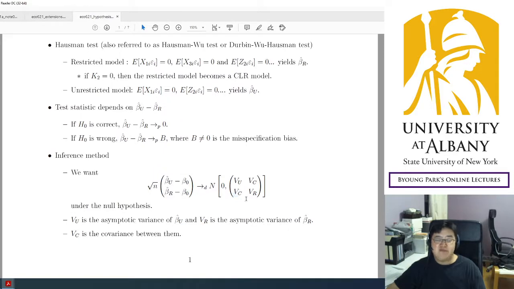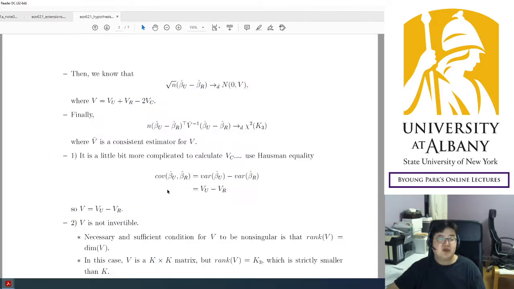By the way, if this was possible, and we had the covariance between the unrestricted estimator and the restricted estimator, then you can show that their difference has an asymptotic variance V given by the unrestricted model's variance plus the restricted model's variance minus two covariances. This is correct, and then you can proceed like this. So this is our result. This is exactly what we wanted.